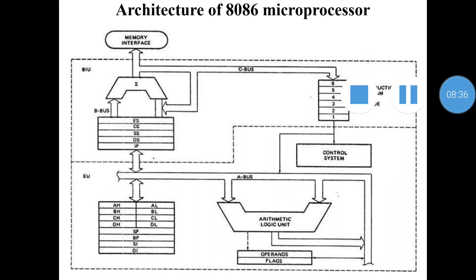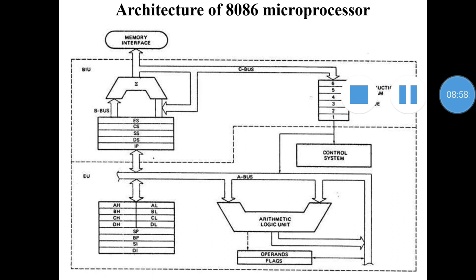It reads and writes data to or from memory or IO devices. Also, it relocates the addresses. The bus interface unit tells the execution unit from where it has to fetch the instruction or read the data.